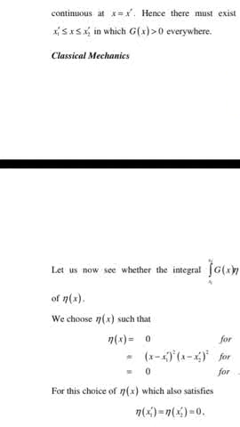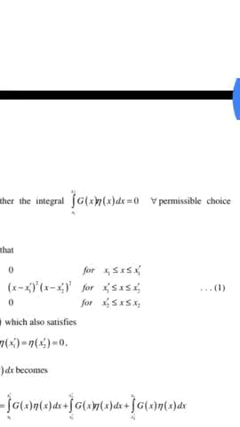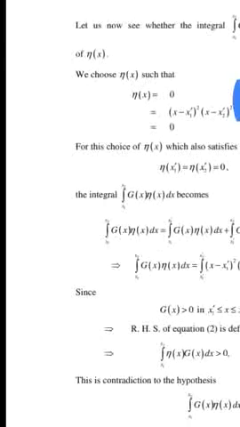Let us now see whether the integral from x1 to x2 of g of x eta of x dx is equal to 0 for all permissible values of eta of x.